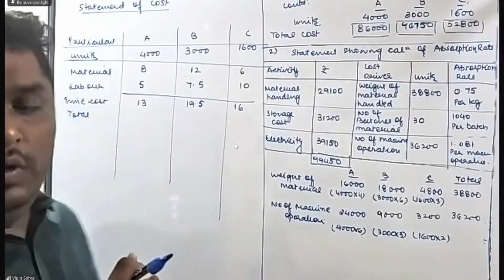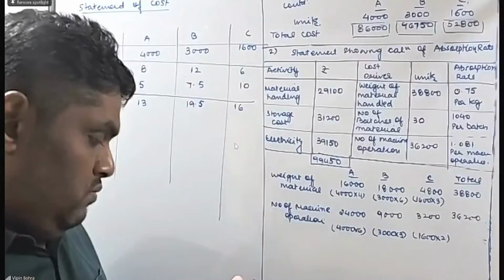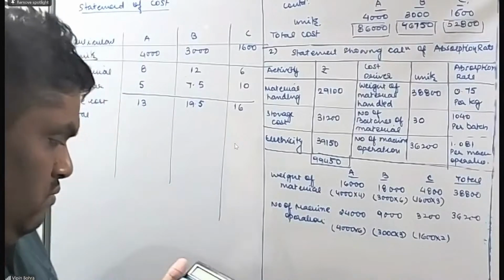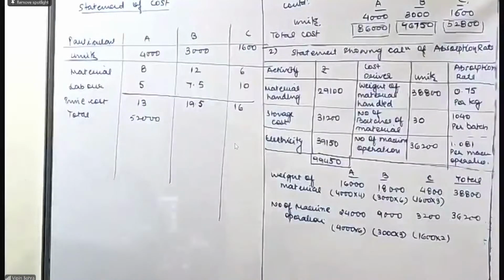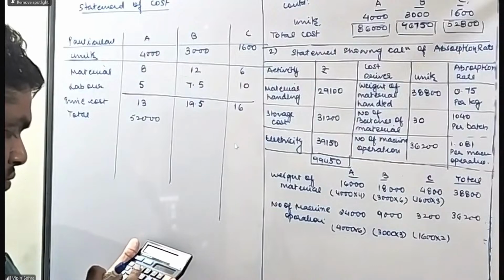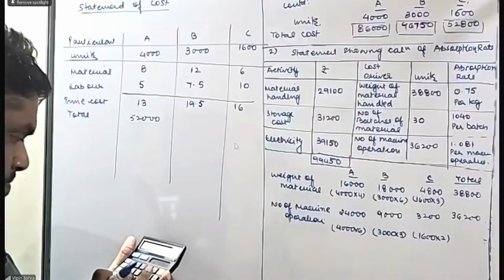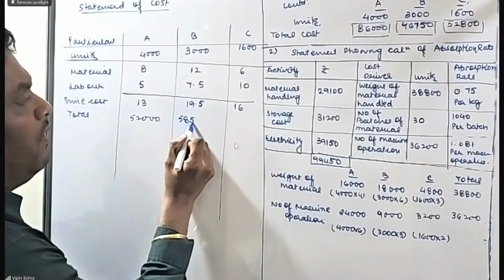So 13 into 4,000. So this will be 52,000. It is 58,500.